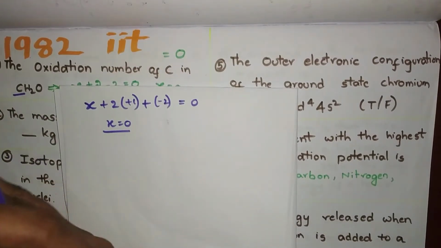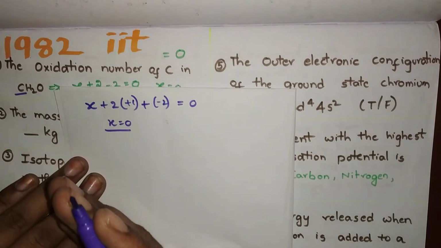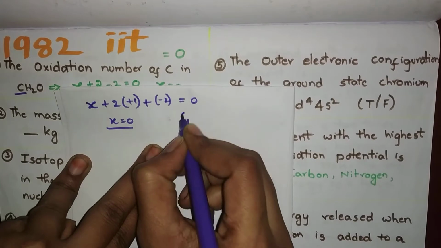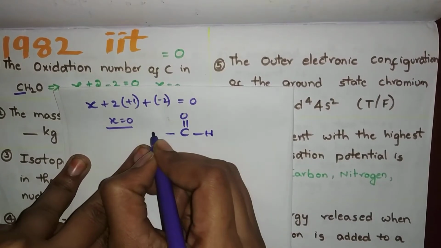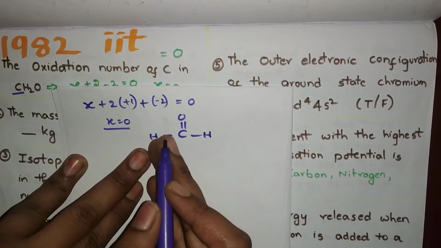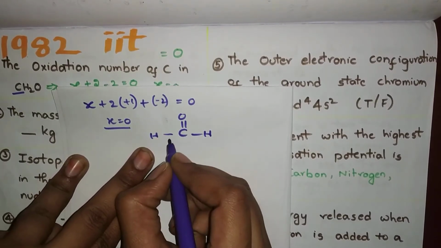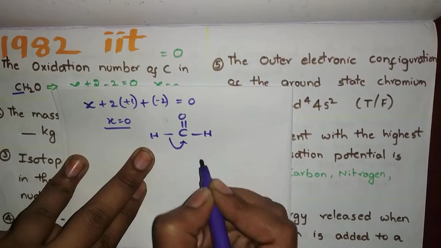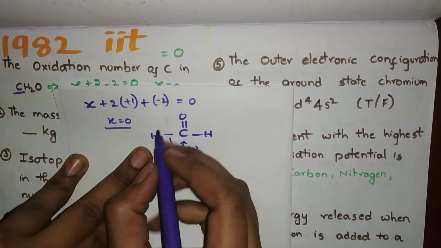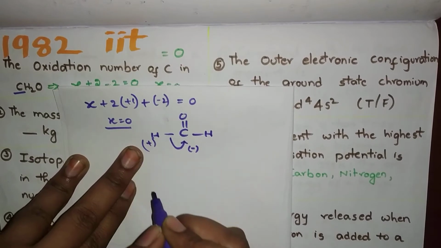Actually, this oxidation number is formal charge, okay? Let me tell you. This is formaldehyde, right? See, carbon is more electronegative than hydrogen, right? So this bond will shift here. Here minus charge will be there, and here plus will be there.